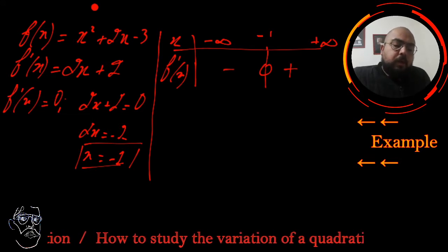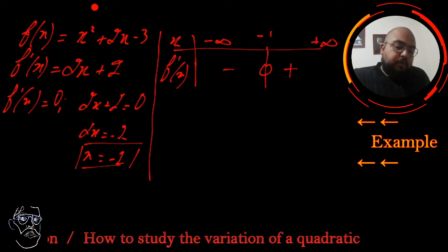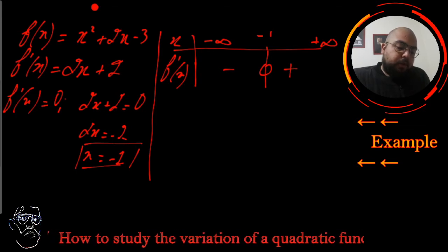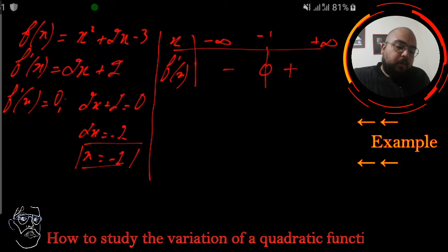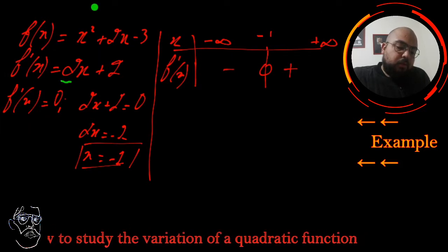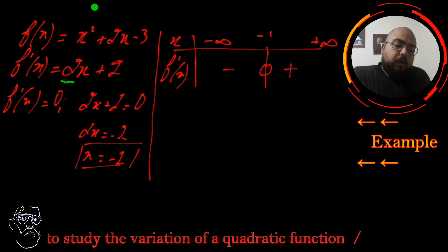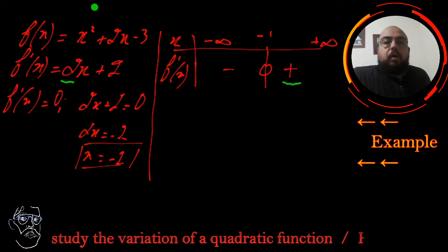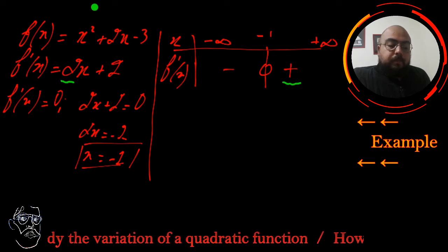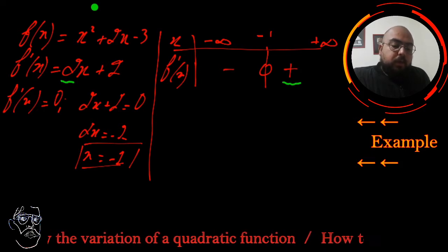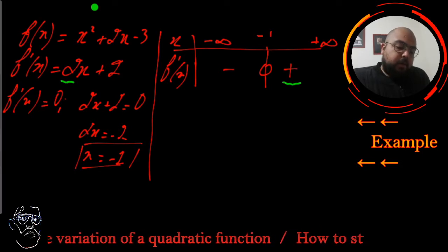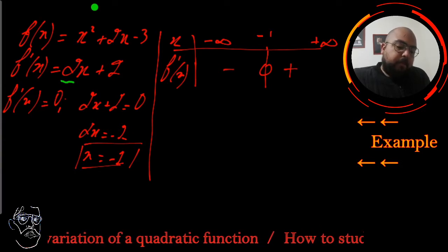Of course, you can check the coefficient of your equation. In this case, the coefficient is plus 2. That's why I will have to choose plus on the right side. But in case it was negative, I should have placed a negative sign on the right side.